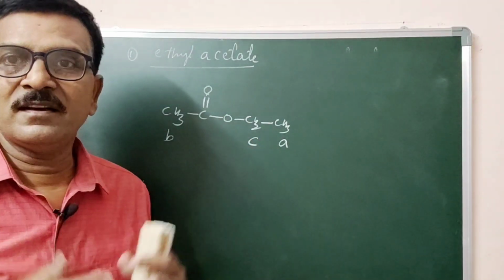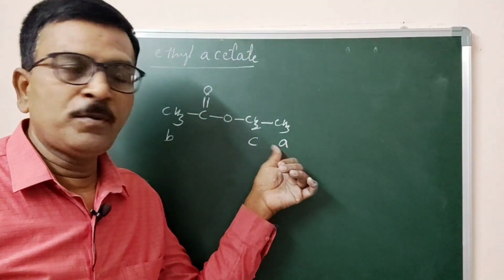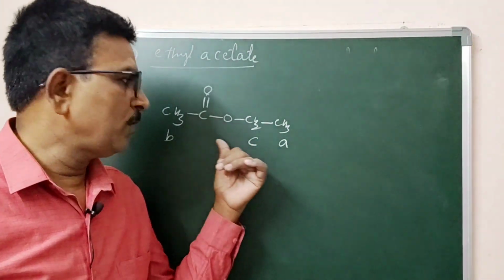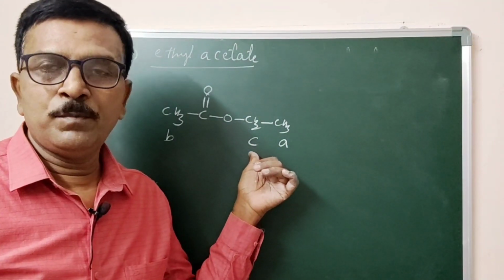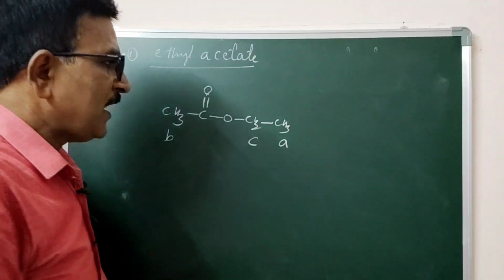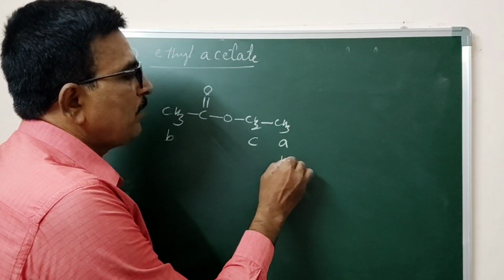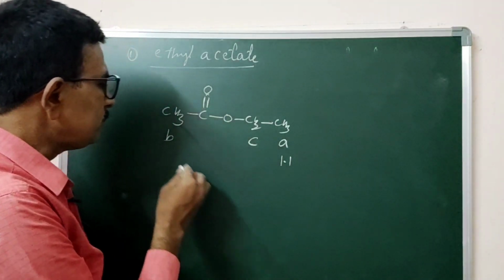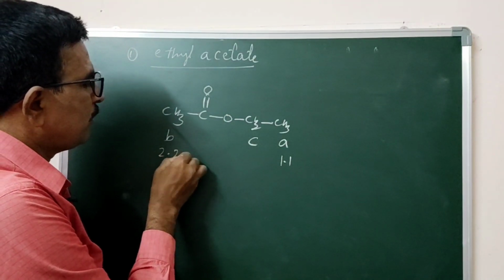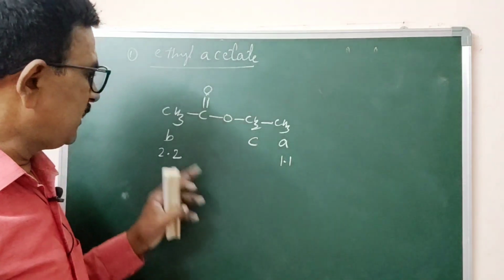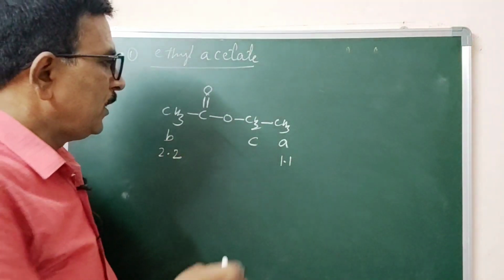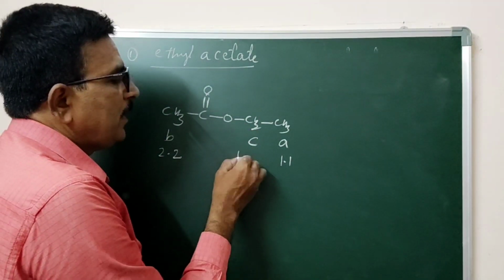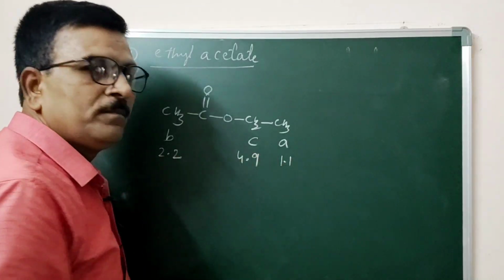There are three sets of protons: A set, B set, as well as C set of protons. Their values are 1.1 ppm for the first CH3 group, 2.2 for the second CH3 group, that is B, and the CH2 group appears at 4.9 ppm.